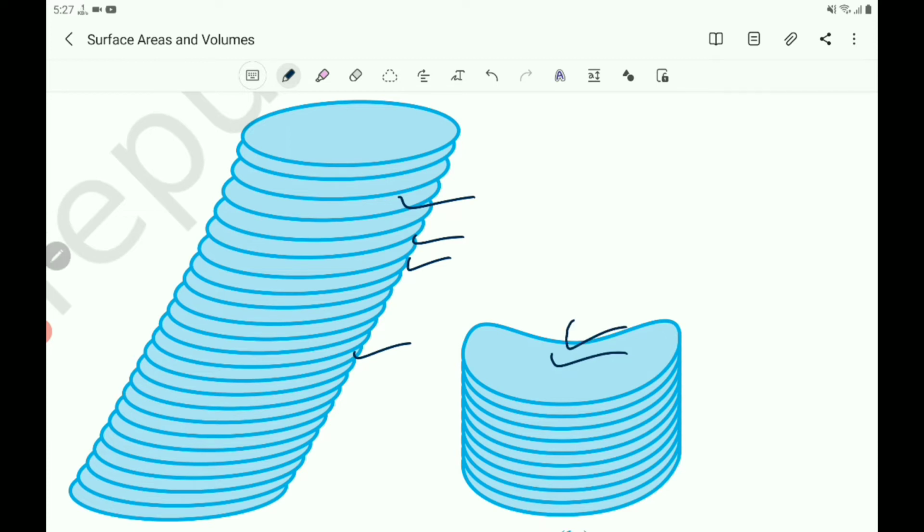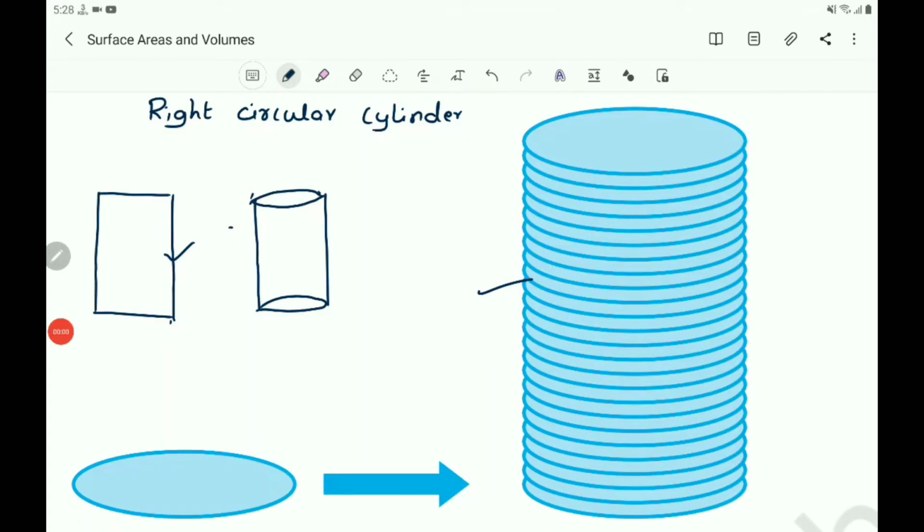In this case it is also not a right circular cylinder because the base is not circular. In this case, the cylinder is at right angles to the base, so it is a right circular cylinder.